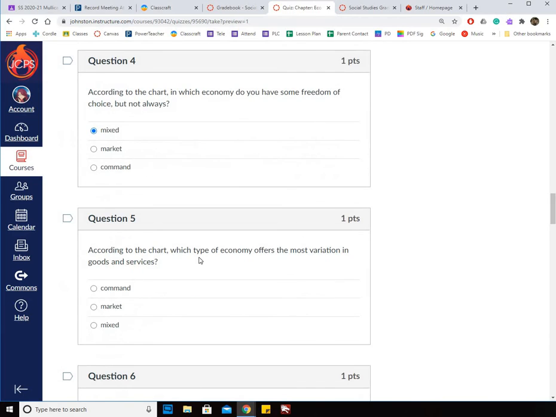All right. According to the chart, which type of economy offers the most variation in goods and services? Anybody want to take a guess in the chat? Extra XP. Yep. Correct.